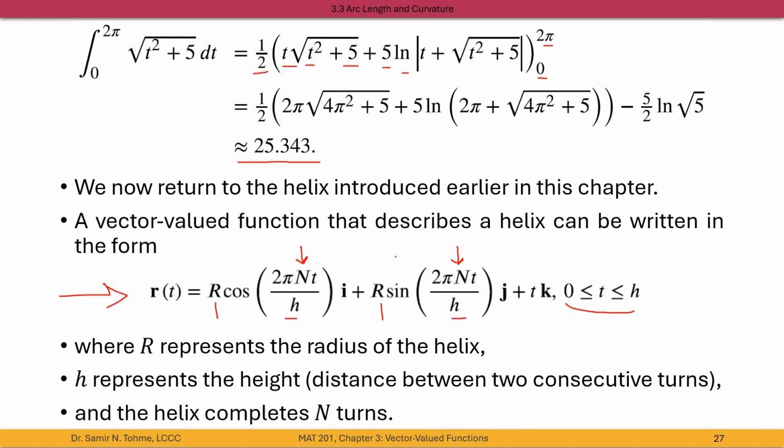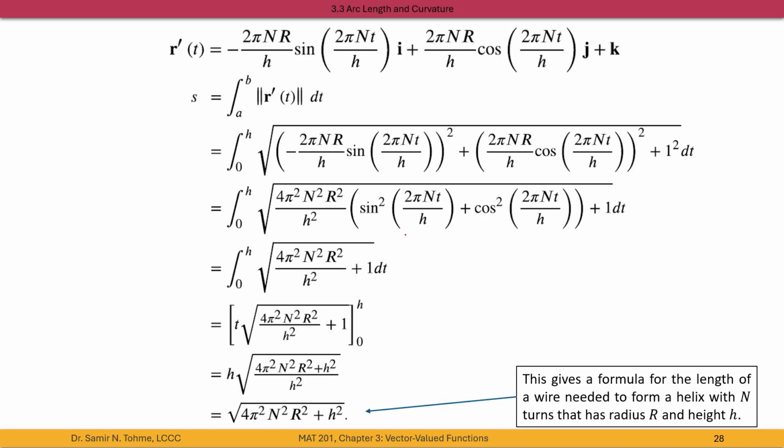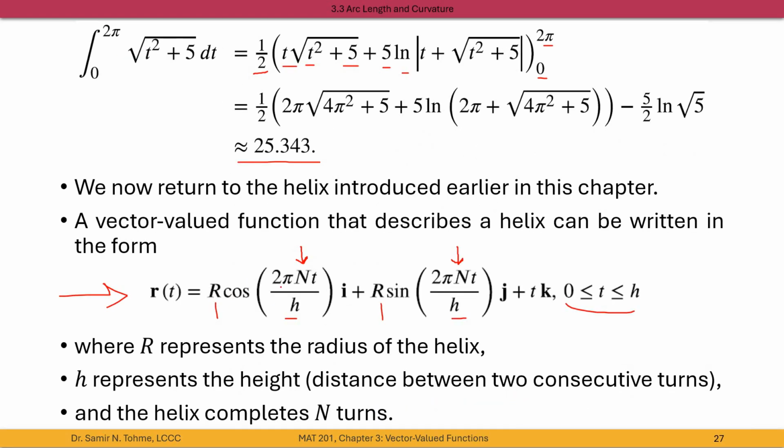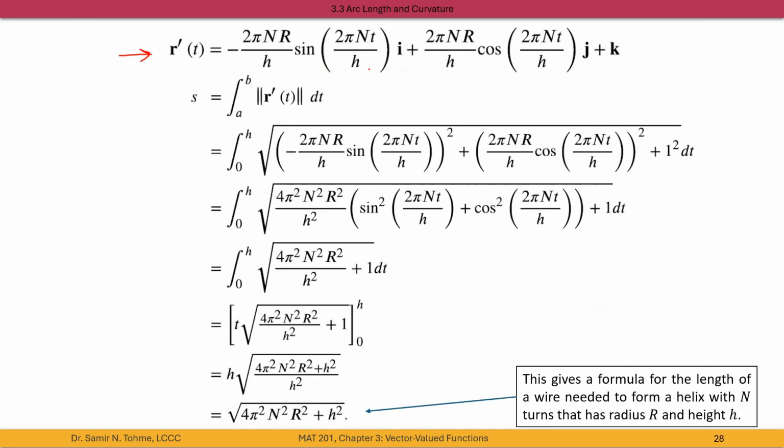Let's find the arc length now for this. The first thing we need to do is the derivative. The derivative of the cosine is minus sine of the same argument. But outside, you need to do the derivative of the argument inside the cosine, which will get rid of t, and the others are constant, 2 pi n over h.